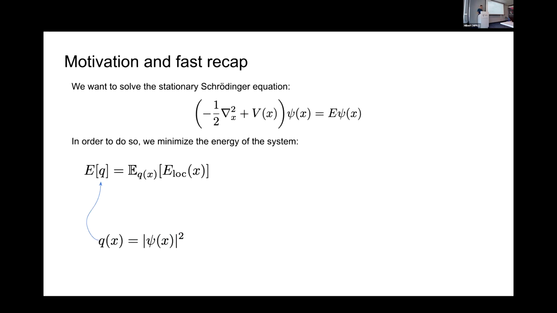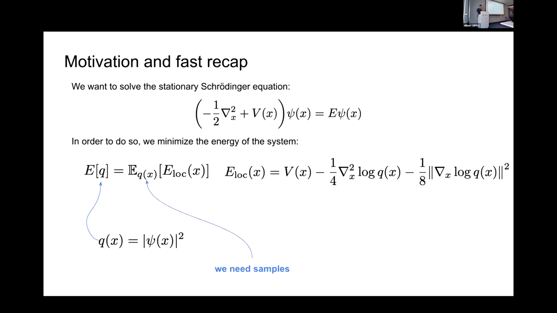So energy is some expectation over our samples of some local energy function, which looks like this, but it doesn't really matter how it looks. What really matters is that to estimate the energy, we need both to collect the samples from this density and the model of the density itself.